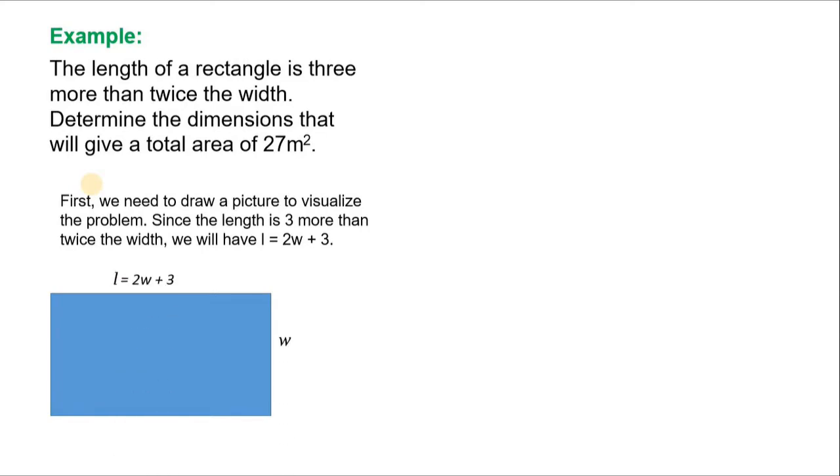And we're going to find the value of W, find out the dimension of the rectangle in order for us to find the dimension that will give us a total area of 27 square meter.